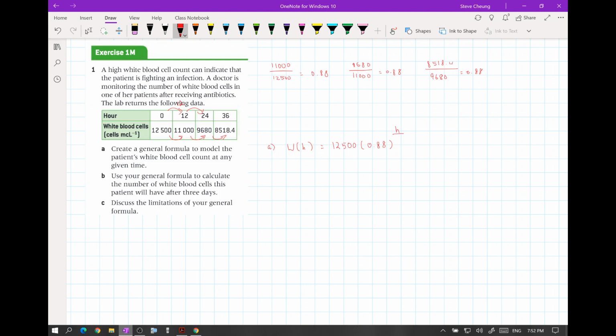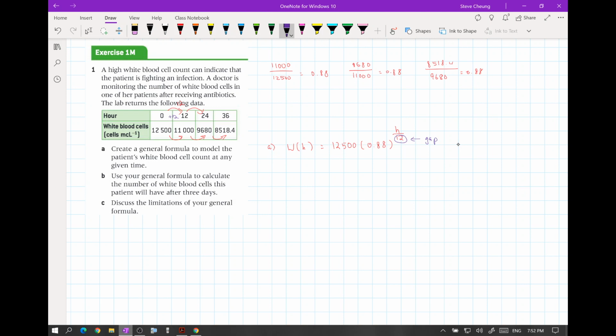So that means for every 12 hours, you will multiply the population by 0.88. So therefore, the gap here is exactly this number here. This represents the gap.